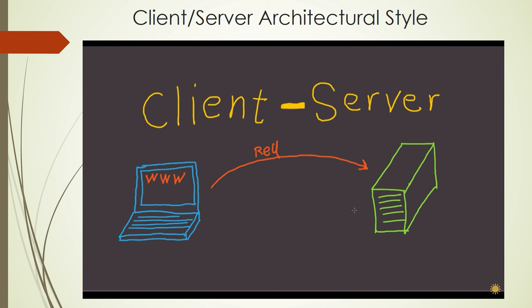So the server is going to look at it, and if it can fulfill it, then it's going to respond with whatever it is that you requested. If it's a web page, then it's going to send you the web page to your computer, and so forth. So basically, in this scenario, you making the request, you are the client which needs some information or has a request, and this computer on the network which fulfills your request is the server.